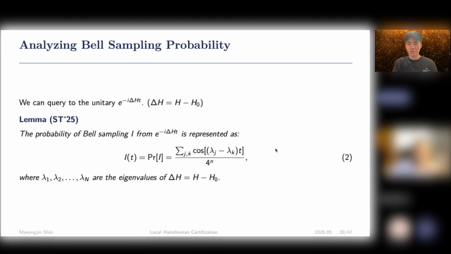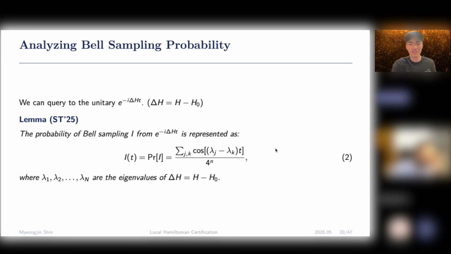So we want to prove that if the Frobenius norm of delta H is bigger than epsilon, then this probability of getting the identity should be smaller than 1 by some amount that we can discriminate. Then how should it be?